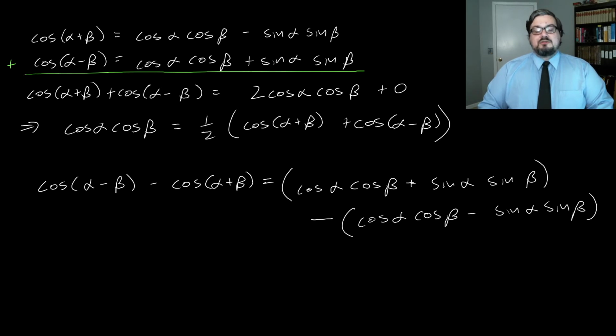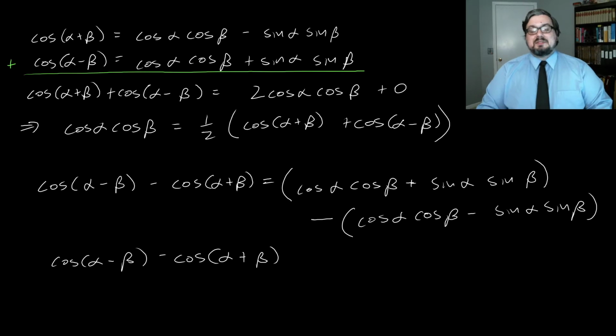So now when we distribute the negative through, the two terms that involve cosines, the cosine alpha, cosine beta, are going to cancel. We've got a positive one from the first set of parentheses minus the one in the second set of parentheses. So those are going to cancel out. And then for the sine terms, we've got a sine alpha sine beta on top minus a negative sine alpha sine beta.